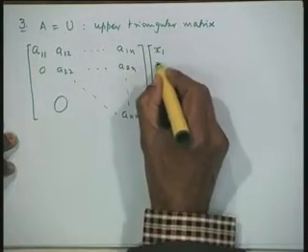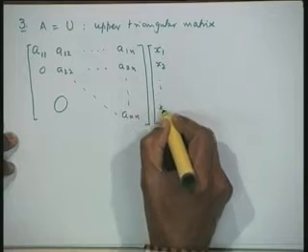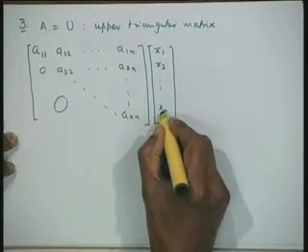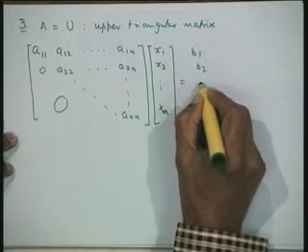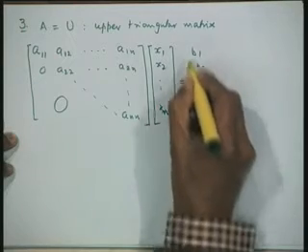We have the vector x1, x2, xn, and the right hand side vector b1, b2, bn.